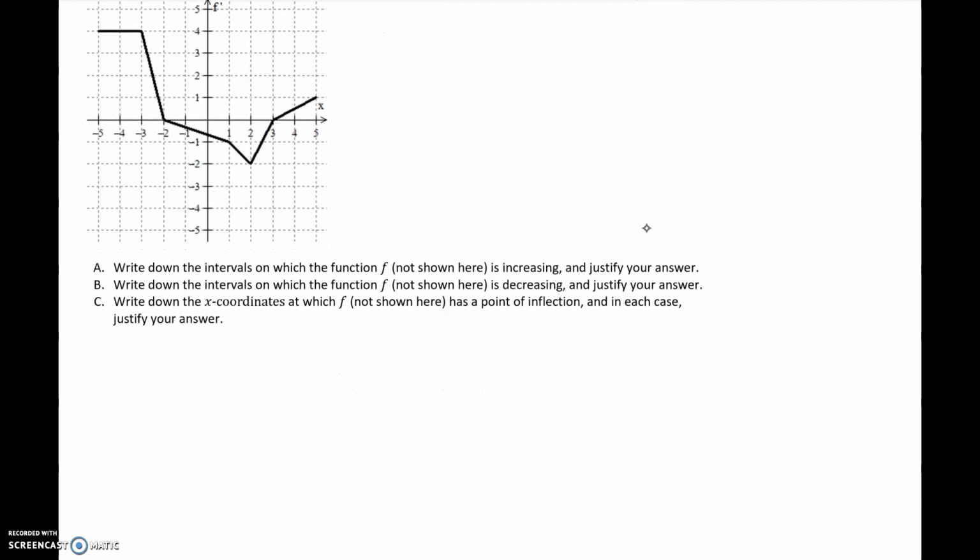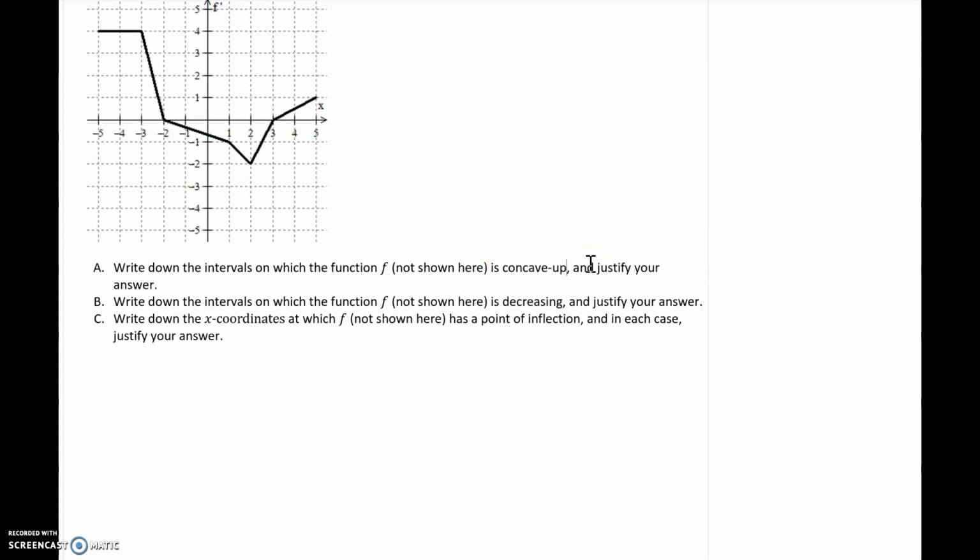Write down the intervals on which the function f, which is not shown here, is, and I've made a mistake. Oh my goodness gracious me. That should be concave up. I apologize. And this one should be concave down.